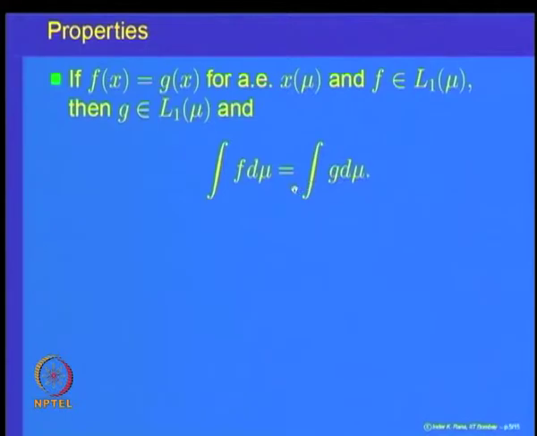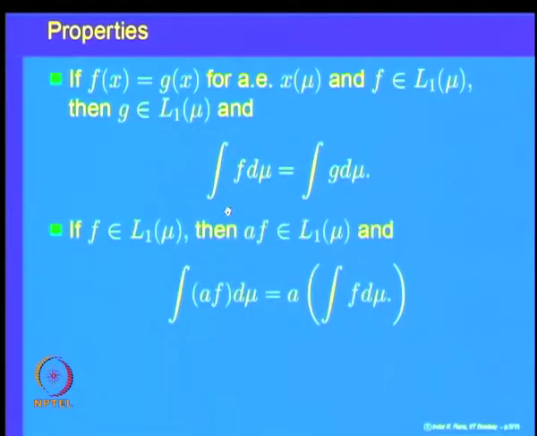So, that essentially says that the integral of the function does not change if the values of the function are changed almost everywhere. So, f equal to g almost everywhere, f and g measurable functions, and one of them, say f, integrable, implies g is integrable and the integrals of the two are equal.